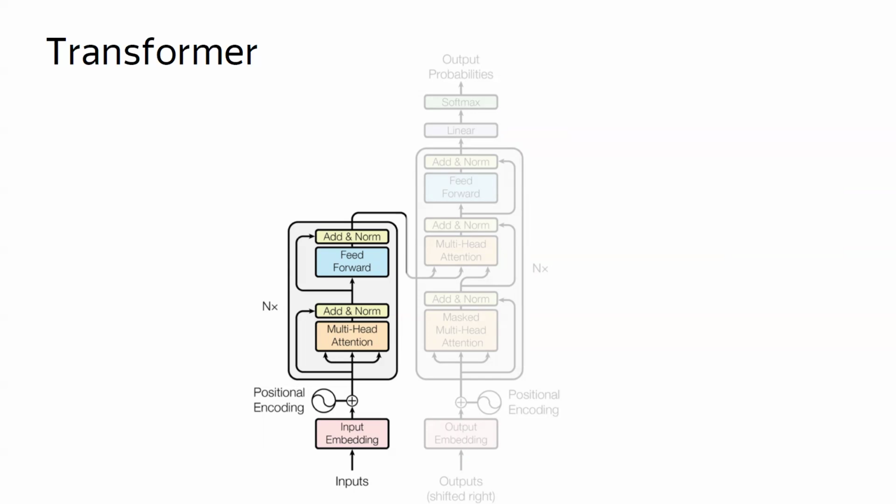So what is going on here? In the encoder, we have input embeddings. Then we apply multi-head attention that we saw on previous slides. And after multi-head attention, we use residual connections, skip connection, and apply so-called layer normalization. In machine learning, we only studied batch normalization, batch norm. But in transformers, they use layer norm.